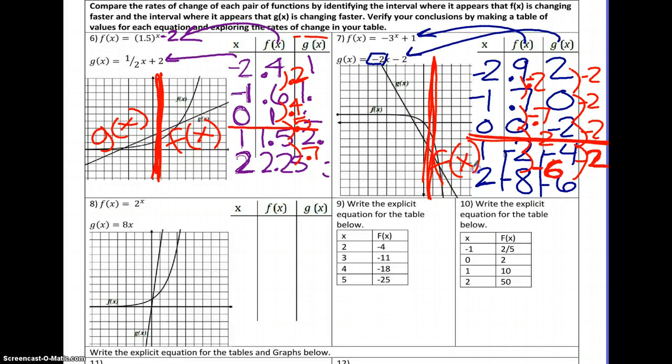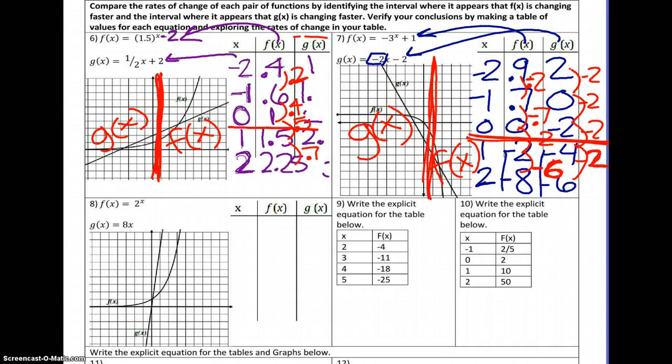So we'd put f of x is growing faster here, whereas up here in the smaller x numbers, notice this g of x, this straight line, is growing faster, or it's steeper or harder to climb.